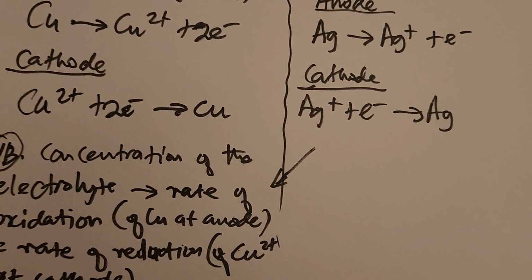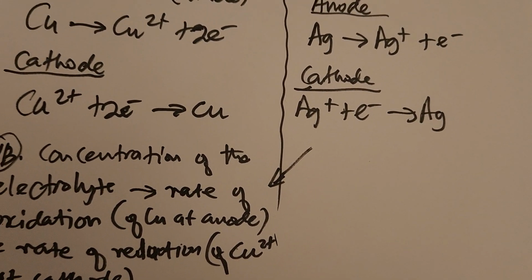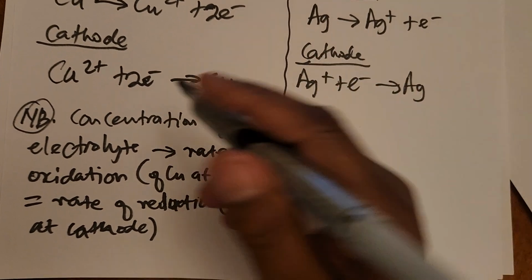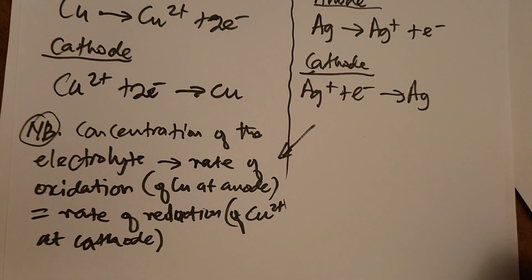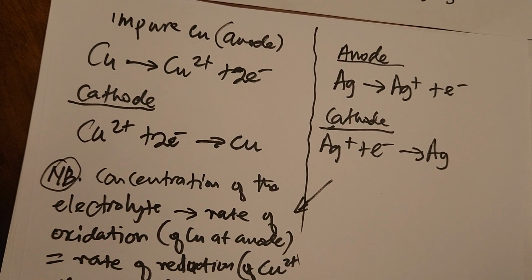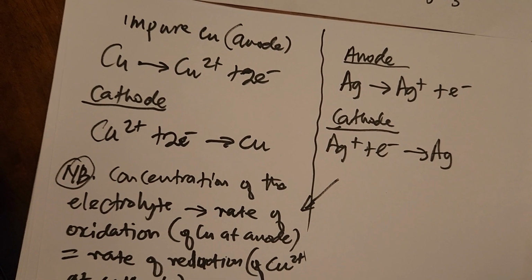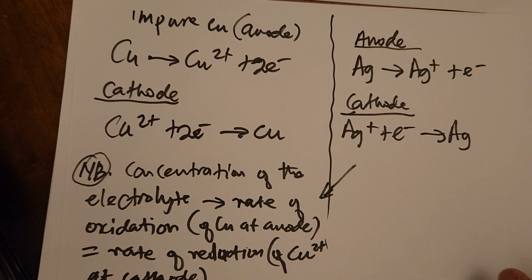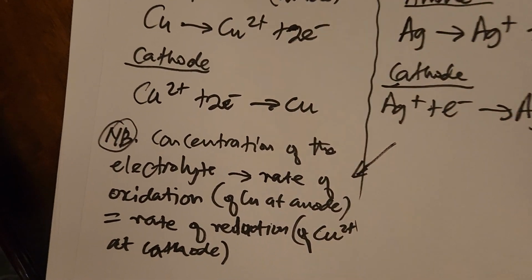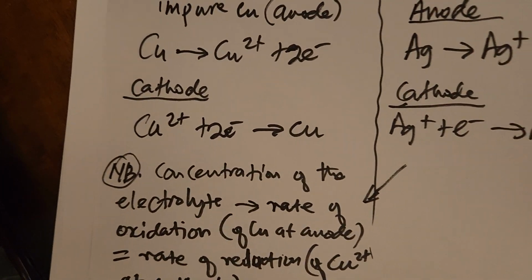But now, the one thing that can come here will be what happens with the sludge, in the case of purification, because the impure copper might be having some impurities such as your platinum, gold, or silver.